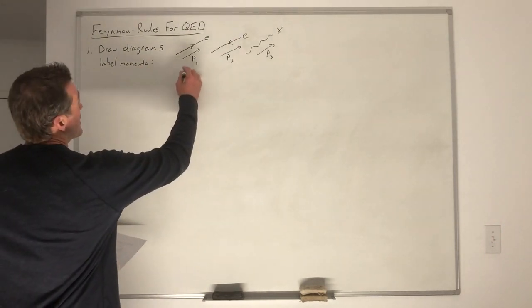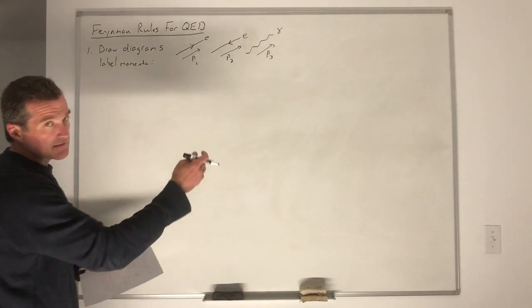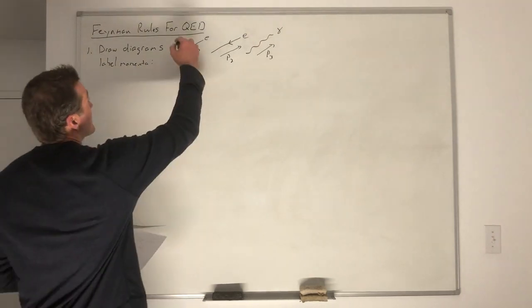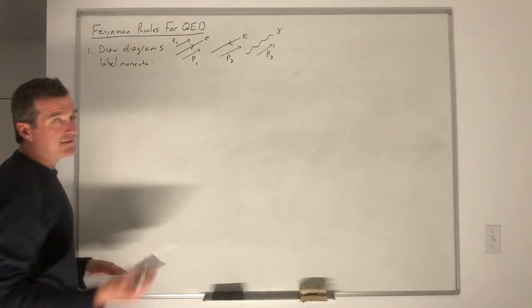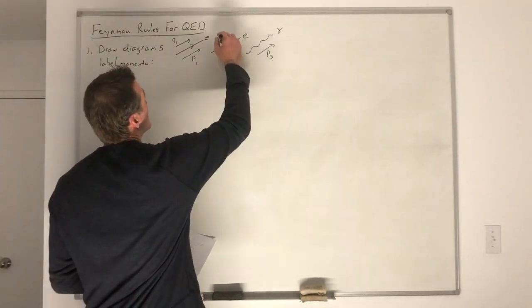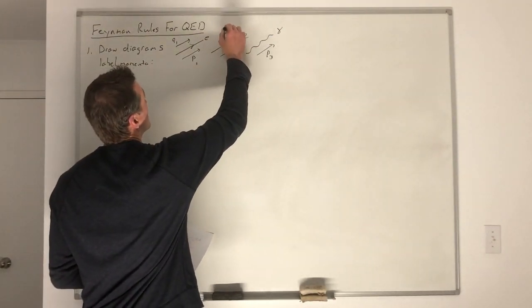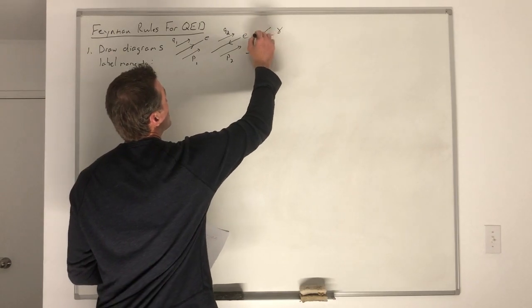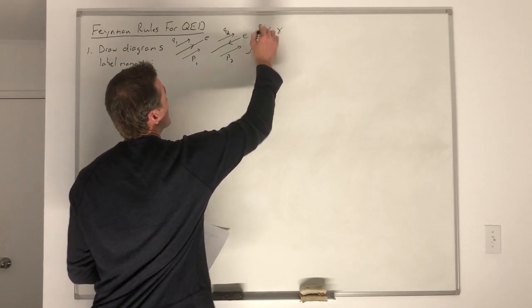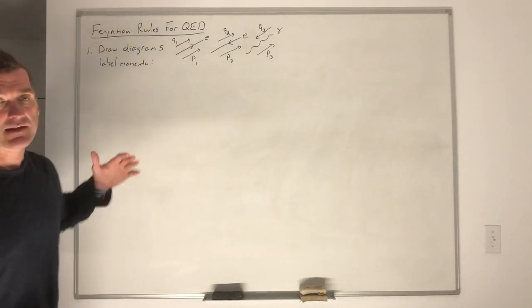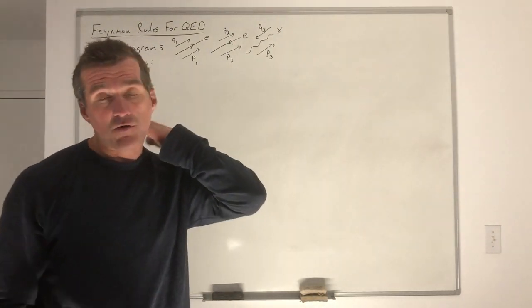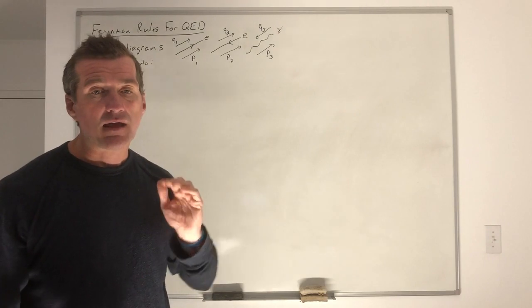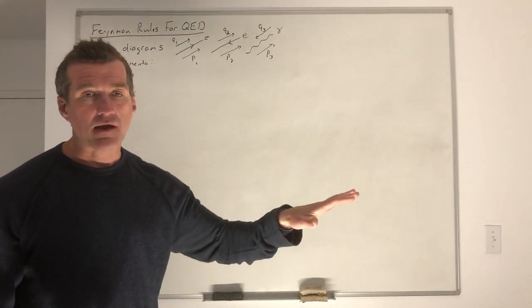And then you also know that if these are internal lines, then you can choose the internal momentum to either flow with the object, or you might find yourself choosing the internal momentum to flow against the direction of time, and that's fine. For internal momenta, we don't have to be careful that they flow forward in time.